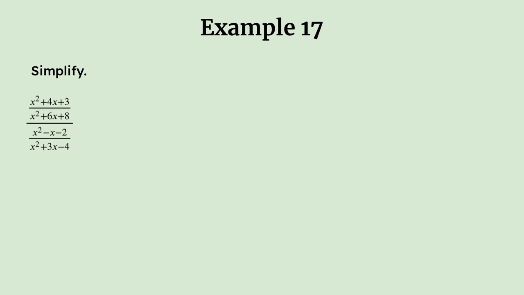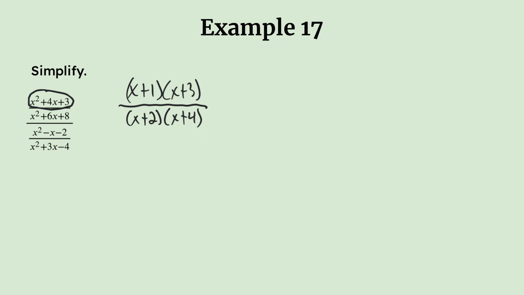So we're going to do two things at once. So we're going to factor each of these. So that's going to factor to x plus 1, x plus 3 over, and then we've got x plus 2, x plus 4, and then we're going to multiply that by this bottom one.